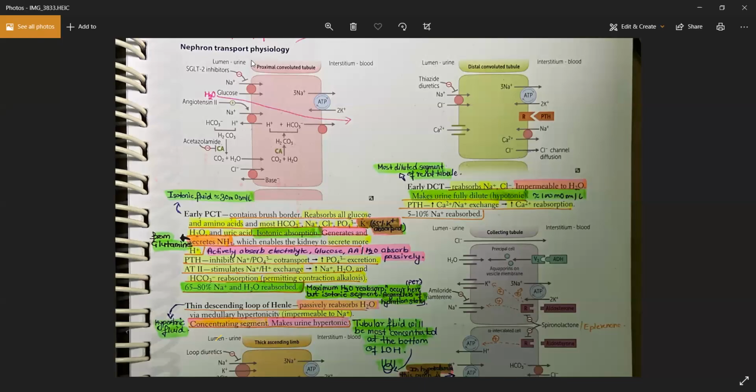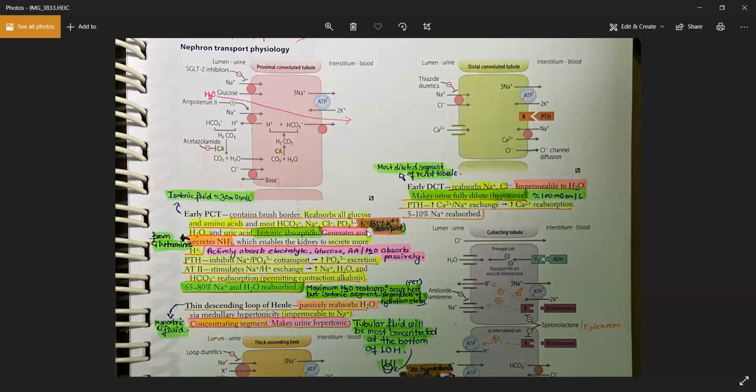If you have a very high concentration of potassium, a very low concentration, or a normal concentration, doesn't matter. 65% of whatever is filtered in the GFR will be reabsorbed in the PCT. It has nothing to do with the plasma concentration.